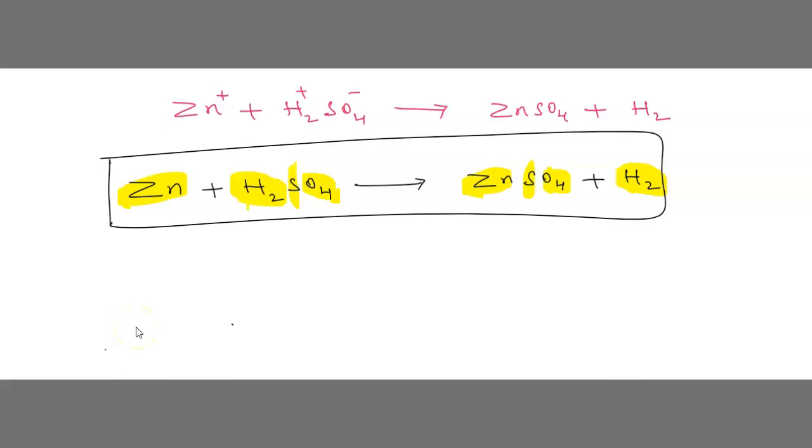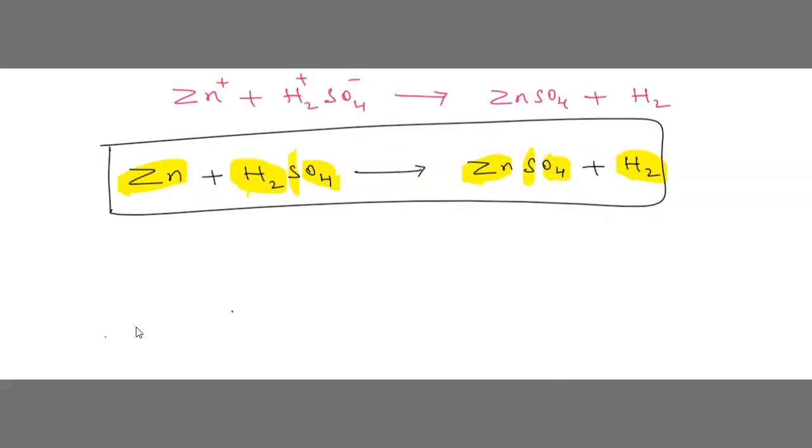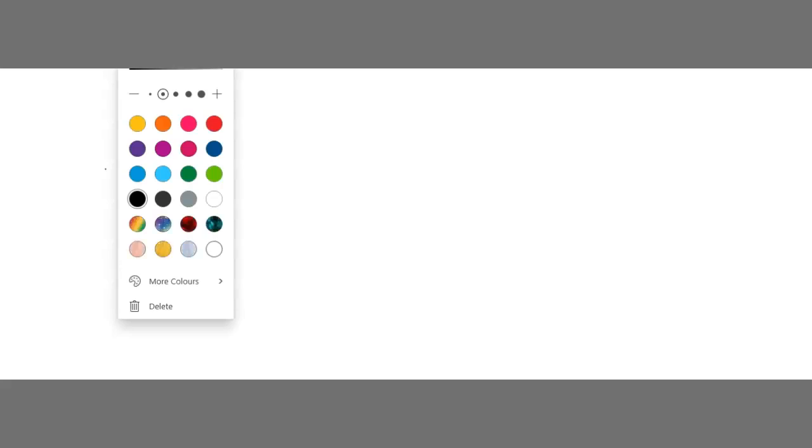Now we can see a few more examples of how to balance chemical reactions. You can try these reactions on your own. It is very, very important for your board exam. Do not miss these questions. The chemical reaction is Fe, when iron reacts with water, H2O, it gives Fe3O4 plus H2, hydrogen gas is liberated.